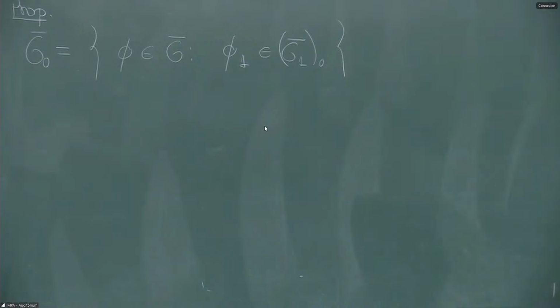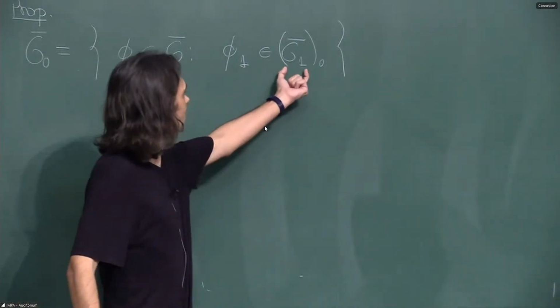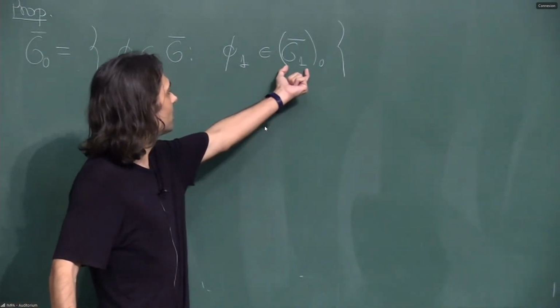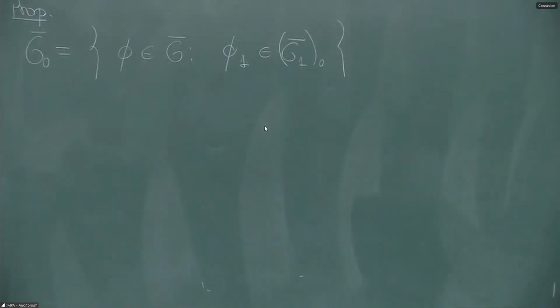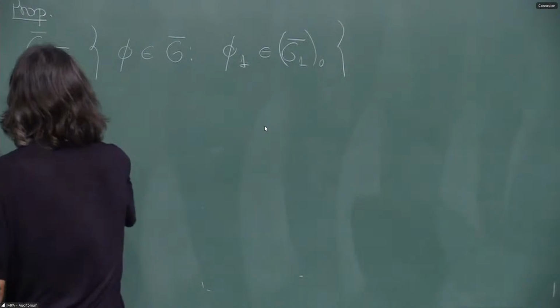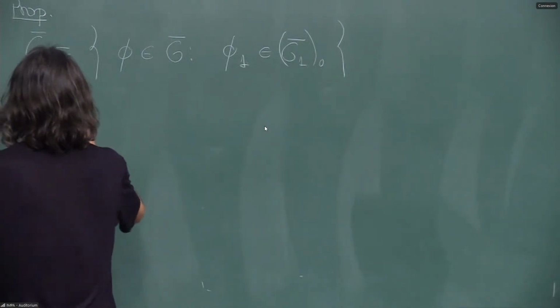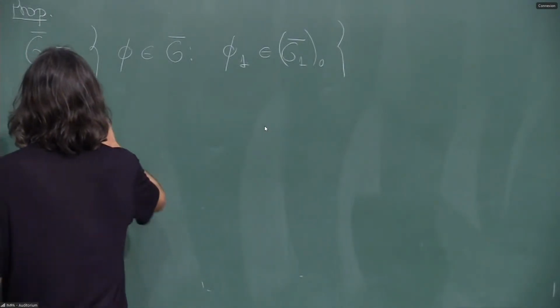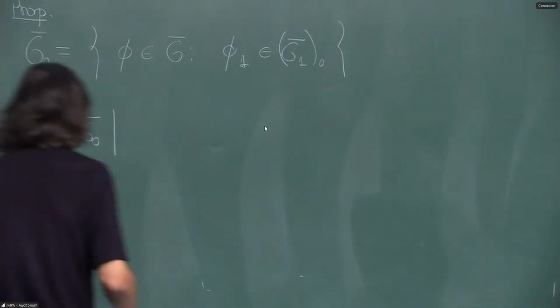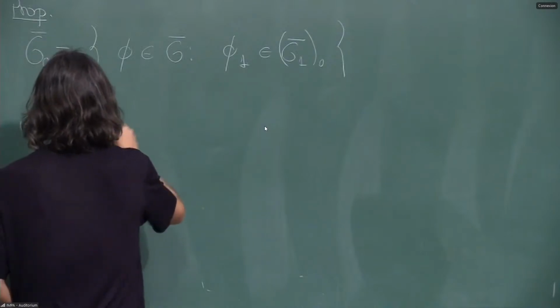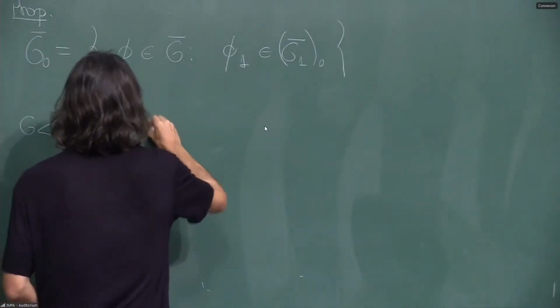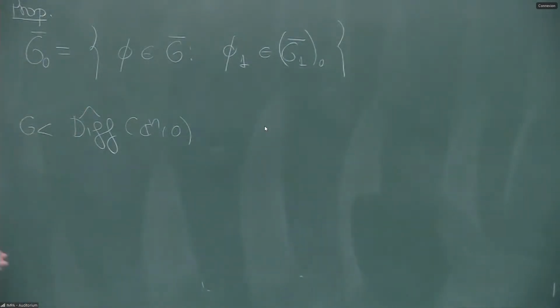Because obviously, this depends on G1, that's the one-jets of elements of G. Okay, and what happens is that the connected component of the identity, in this case, for G a subgroup of the group of formal diffeomorphisms, is indeed a finite index subgroup of the Zariski closure every time.